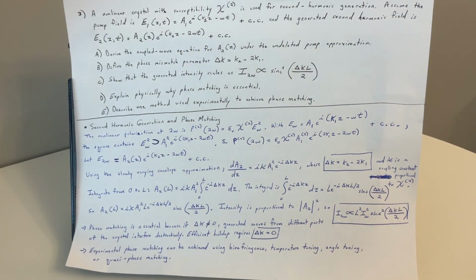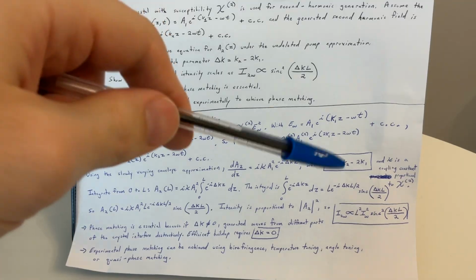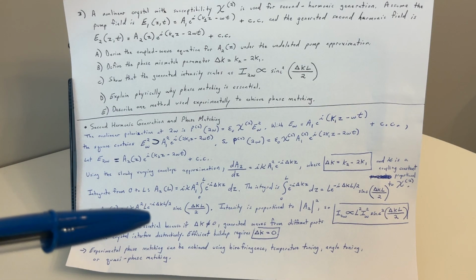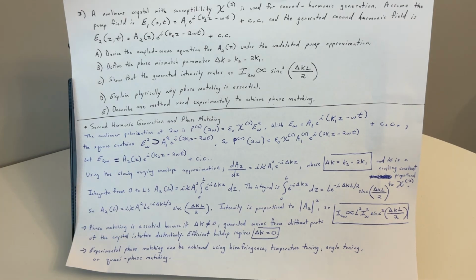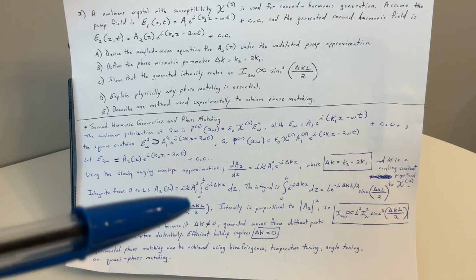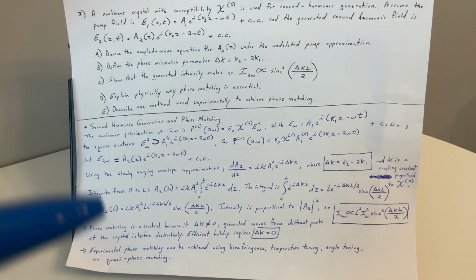That comes out to, we skip some steps performing the computation, L e^(-iΔkL/2) sinc(ΔkL/2). Okay, so we could say A_2(L) is iκ A_1² L e^(-iΔkL/2) sinc(ΔkL/2).